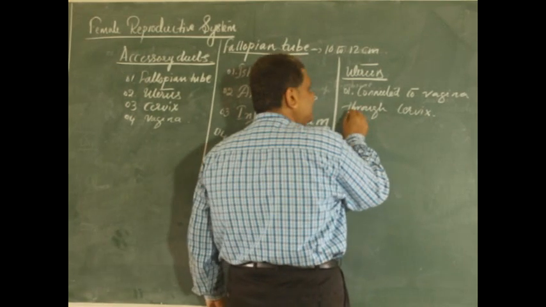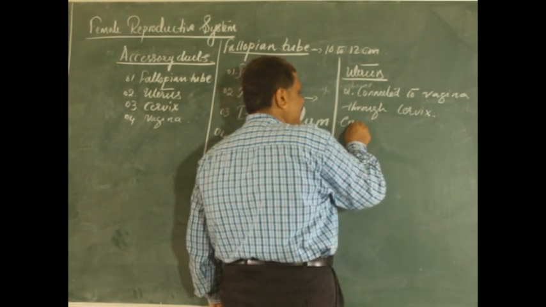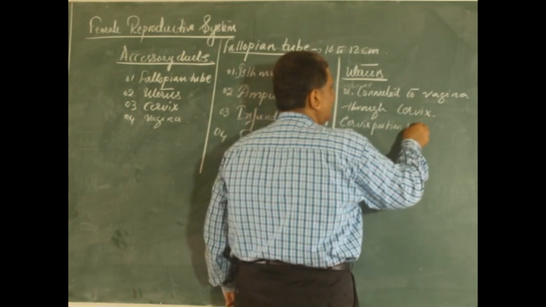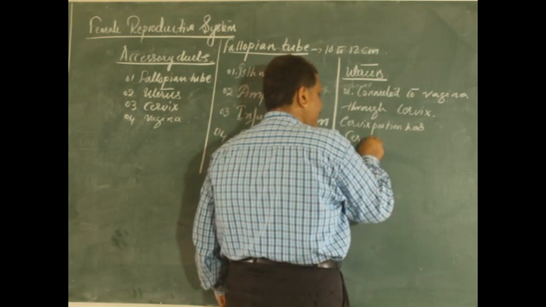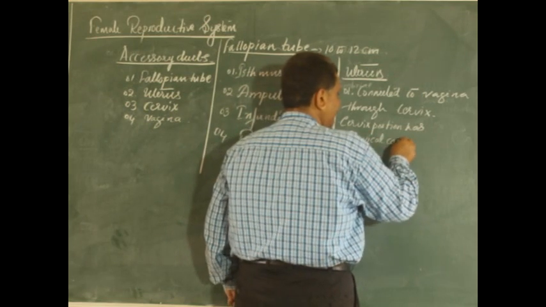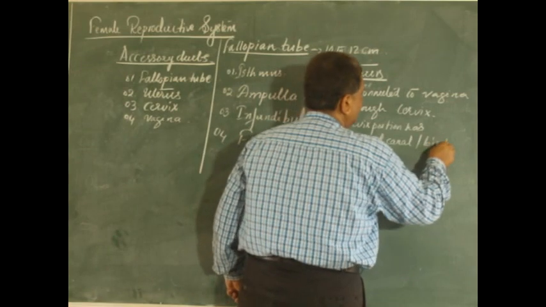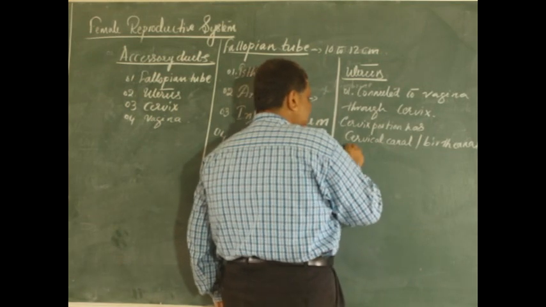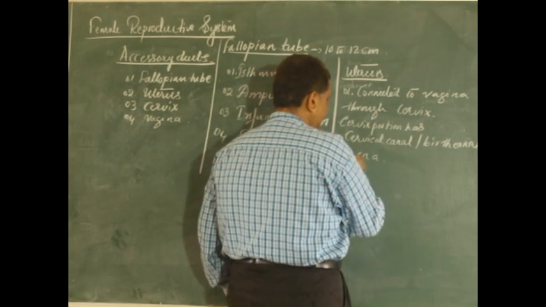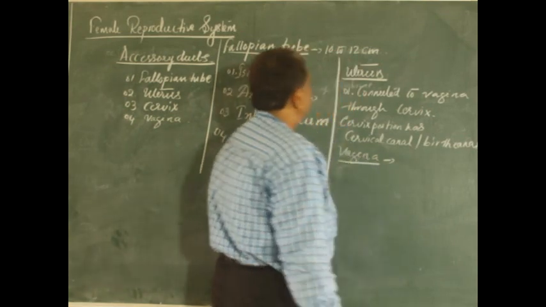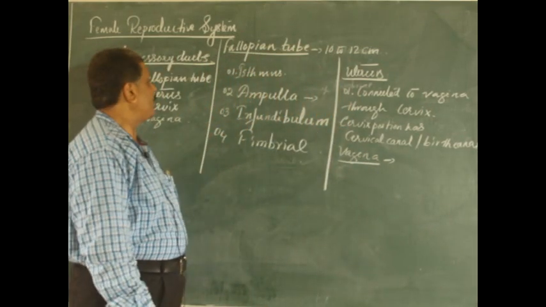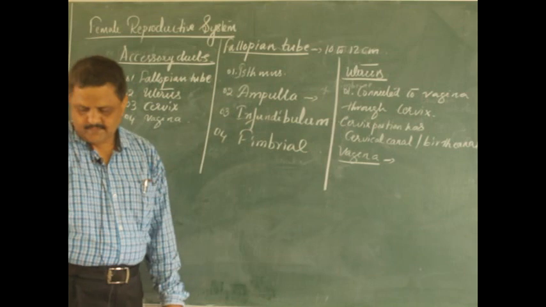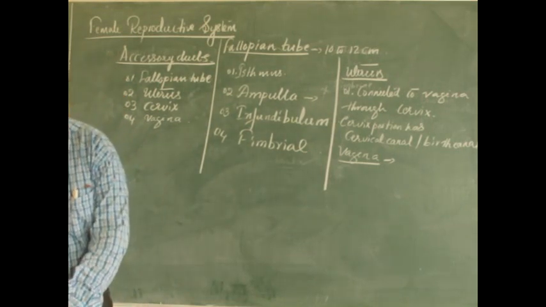After the uterus, the cervix portion has the cervical canal, or it is also called the birth canal. And the last portion is the vagina. So in this way, the female reproductive system has all these different parts that we should remember in this particular concept.